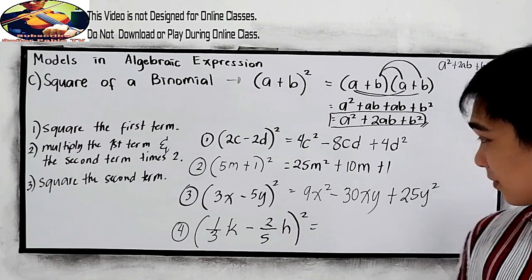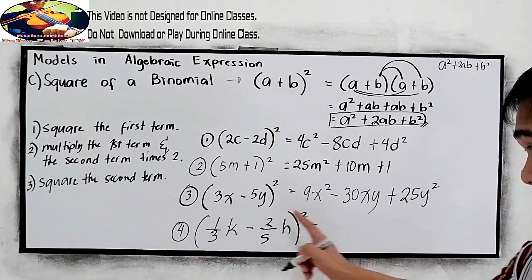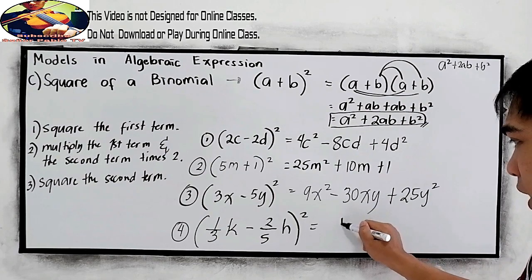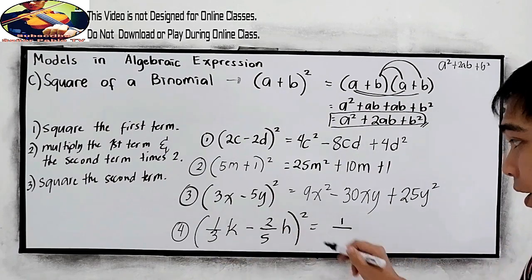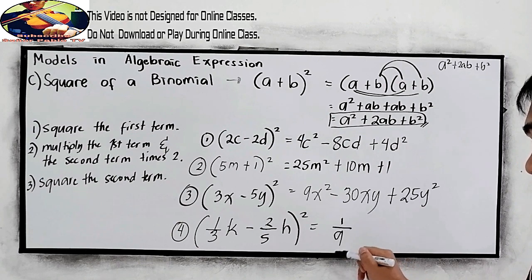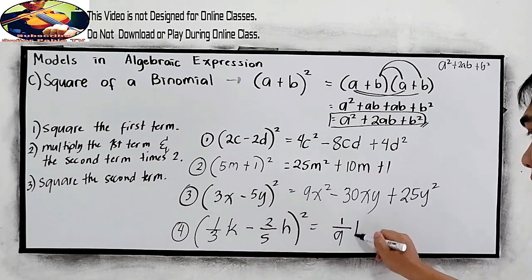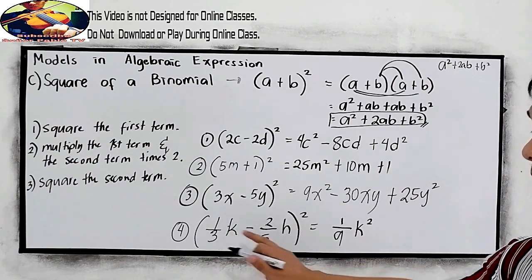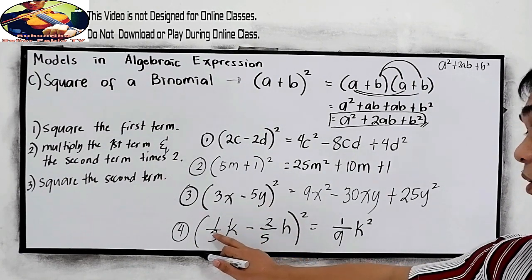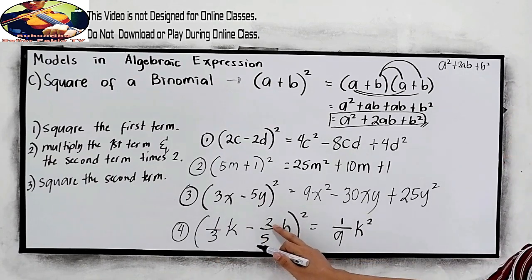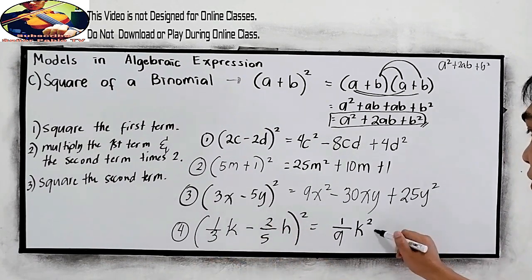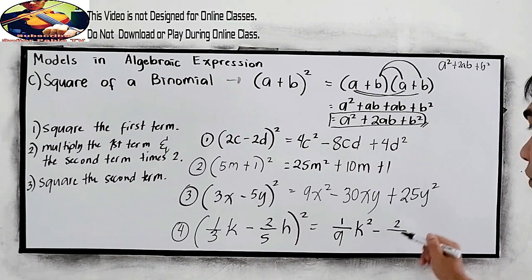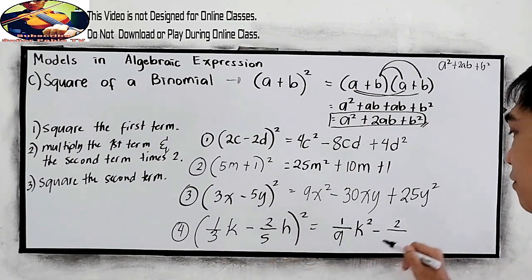Now let's check. Square the first term. So 1 squared, that is 1 over 3 squared, that is 9. Variable is k. So k squared. Multiply the first term times the second term. So 1 times 2, that is 2 over 3 times 5, 15.